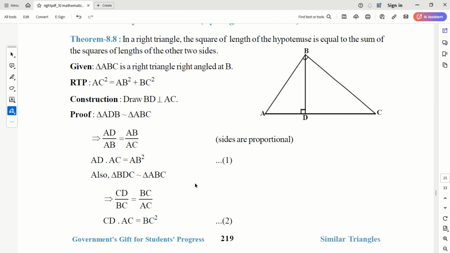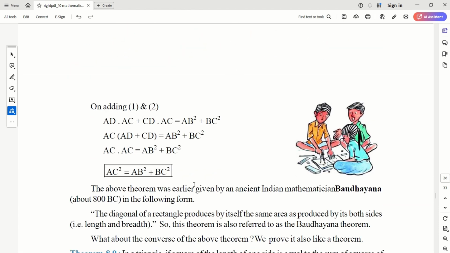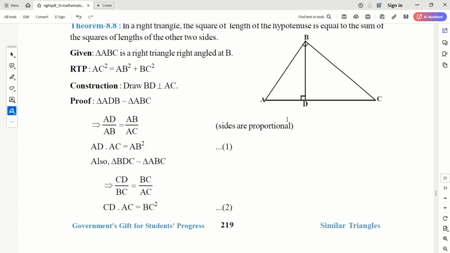Now add these two, what you will get is AD into AC plus CD into AC equals AB square plus BC square. AC is common, so take the common factor: AC into AD plus CD. What is AD plus CD? This is nothing but AC, correct? So it will become AC square equals AB square plus BC square.